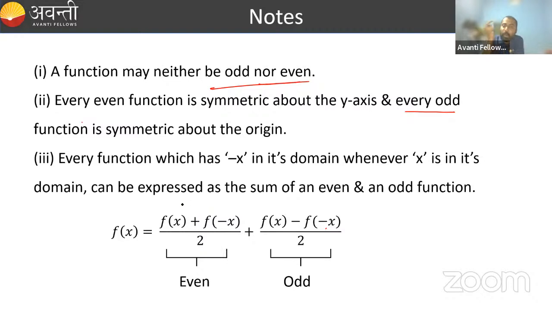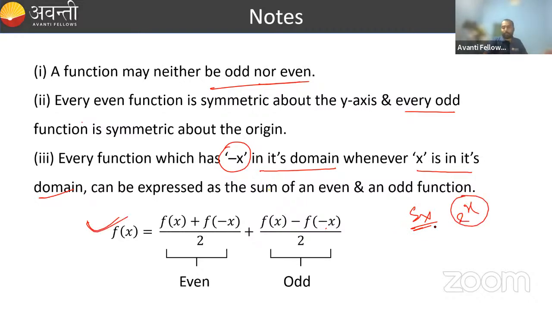We can express any function as the sum of an even function and an odd function. Every function which has minus x in its domain whenever x is in its domain. Like you can take the example e to the power x, and this is the method to express any function as the sum of an even and odd function.